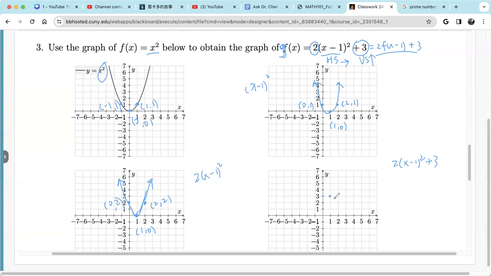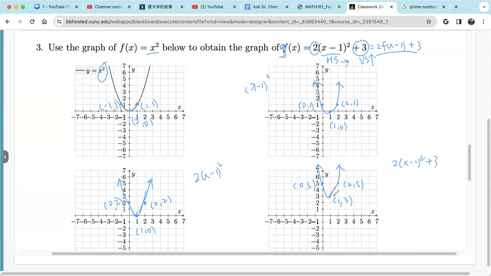So the vertex becomes this point, (1, 3). (2, 2), the second 2 plus 3 becomes (2, 5). Then (0, 2), 2 plus 3 becomes (0, 5). And the shape is still the same, still a roundish parabola. This is the final graph.